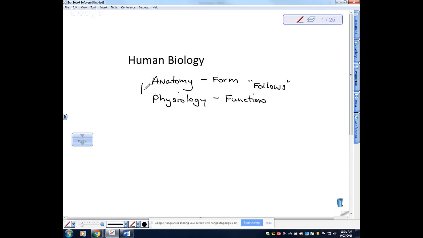Also, when we look at human biology, we have terminology, and a lot of the terminology in biology is based upon root words.